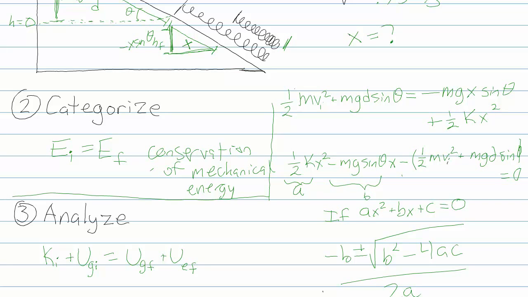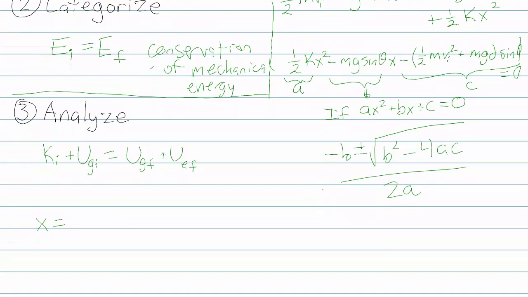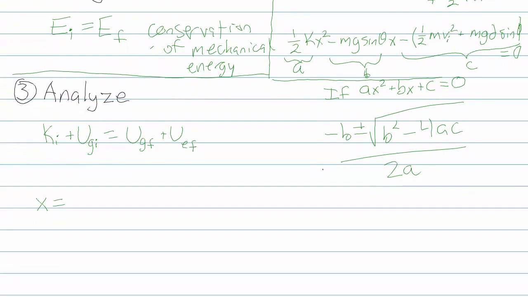We use the quadratic formula and we get the magic number, which is actually going to be the solution to problem 64, because this will be our x without any numbers in it.